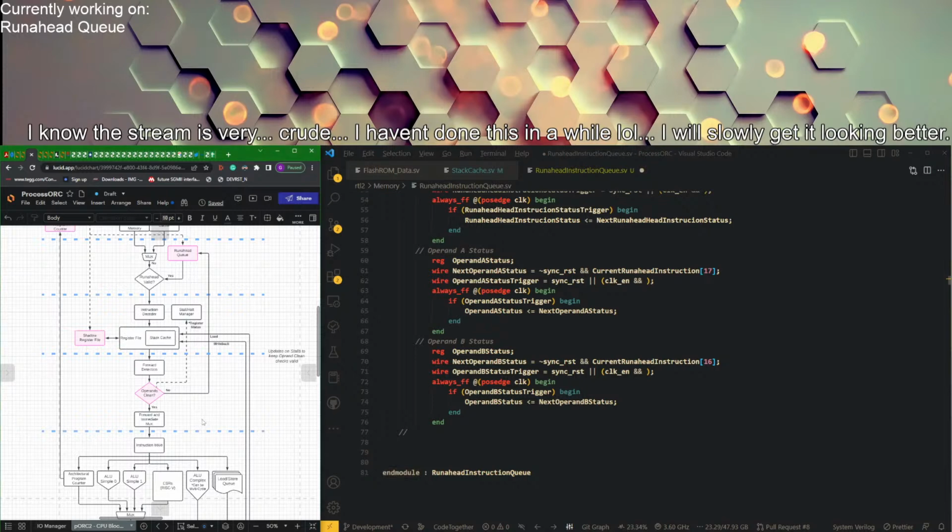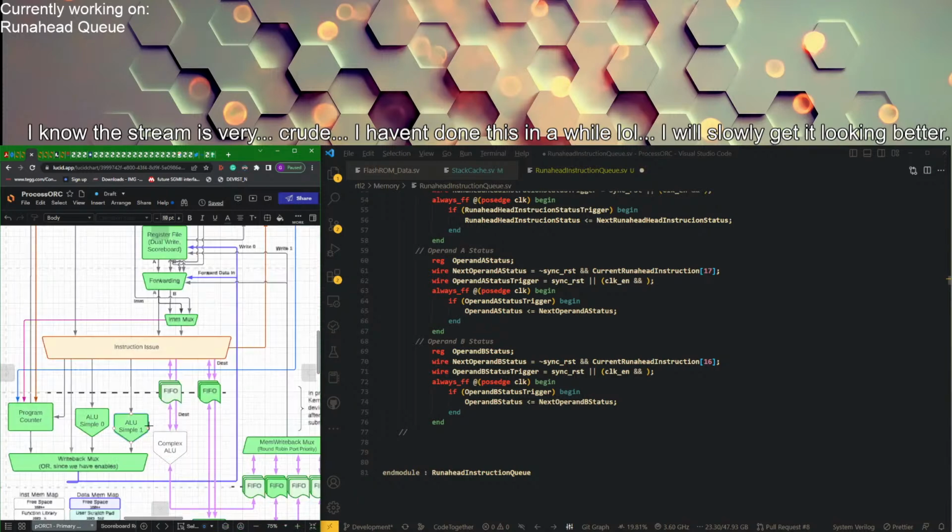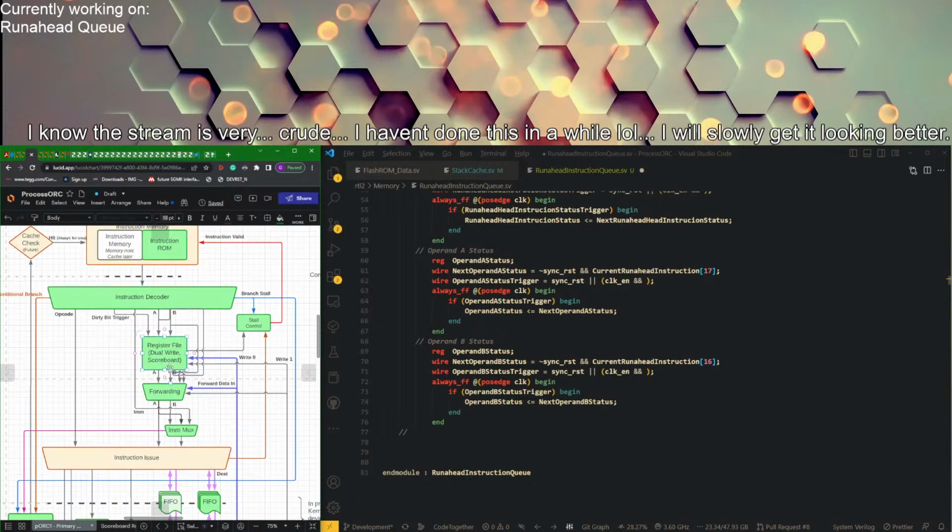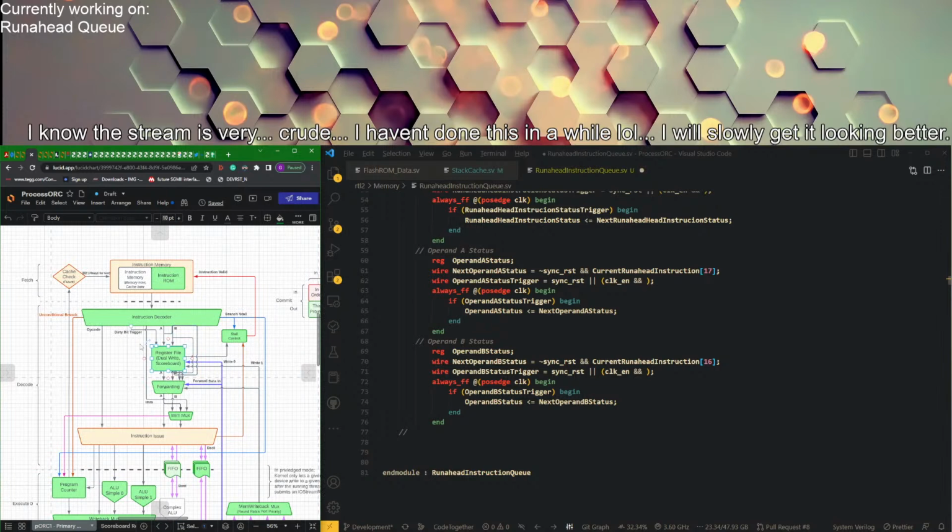Also, one thing I'm changing substantially between these two ISAs is that here all the stalling logic happened the moment you read the registers out, and then forwarding was after it. But let's say you were writing back to registers on that cycle; it would show dirty, but really the forwarding would catch it.